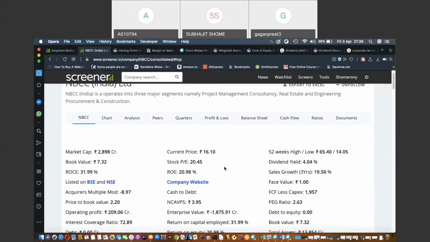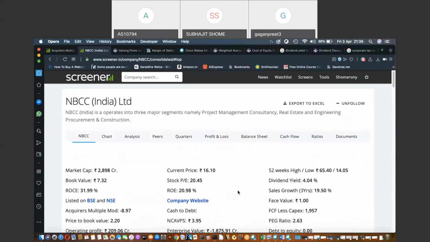For this company, dividend yield is only 4.04%. So retention ratio is equal to 1 minus 0.0404. How much is it? 0.9596.